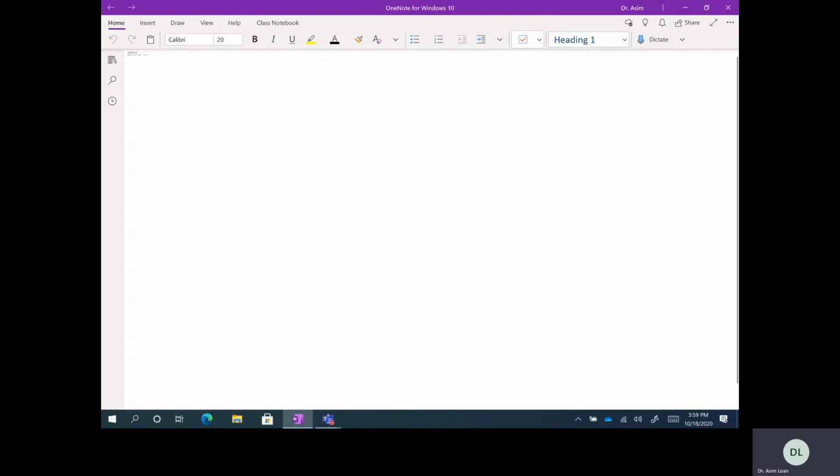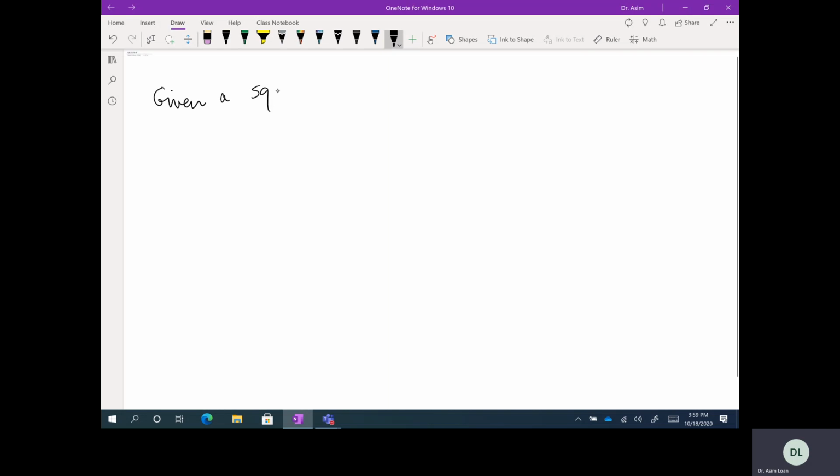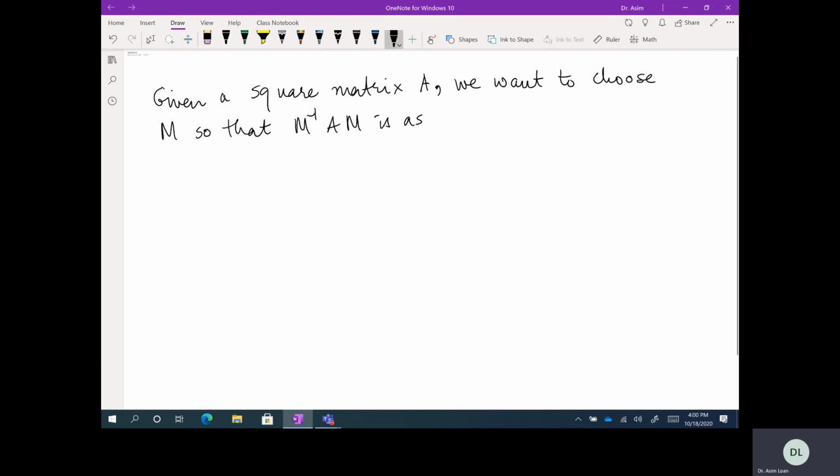So given a square matrix A, we want to choose M so that M inverse AM is as nearly diagonal as possible.